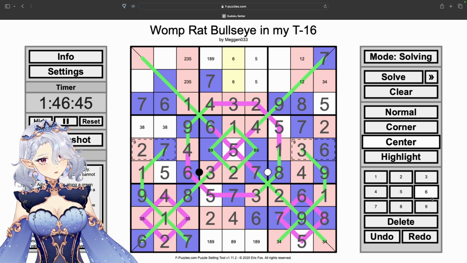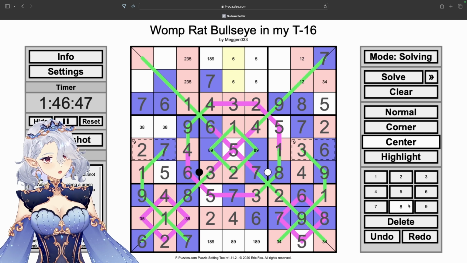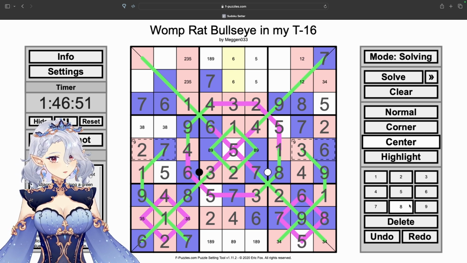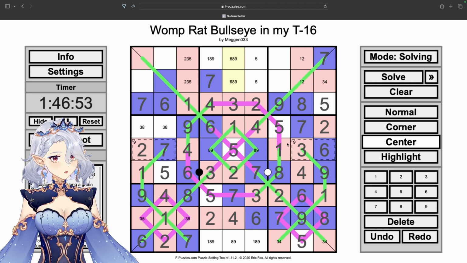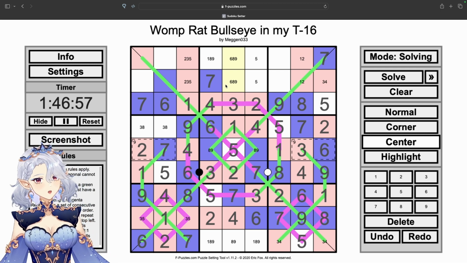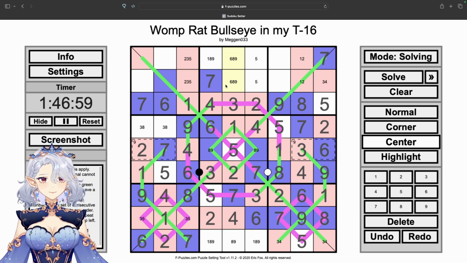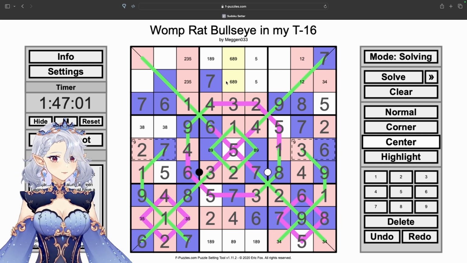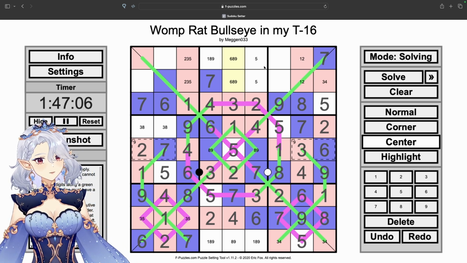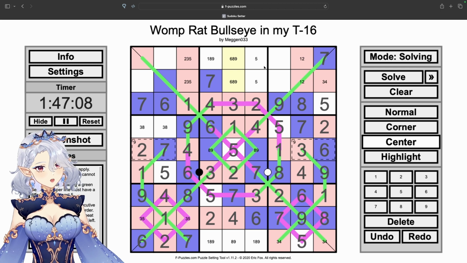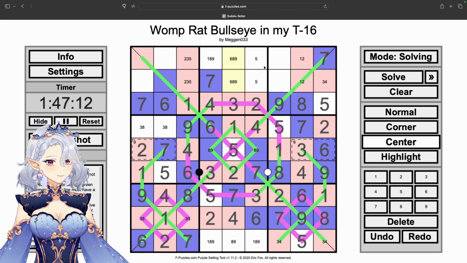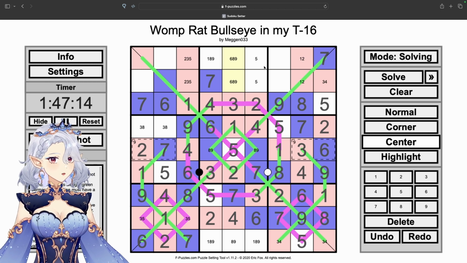And the other ones have to be either 8 or 9. So it's 6, 8, 9. And this one is 5, 1, 8, 9, which is too much to write down at the moment, because this will only get confusing.